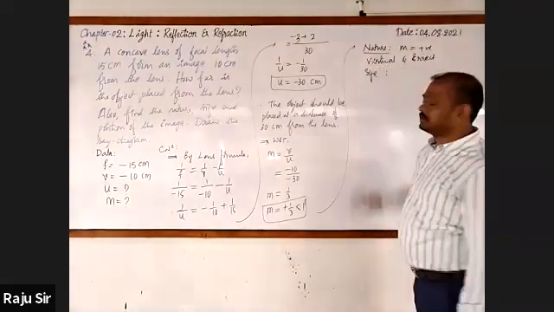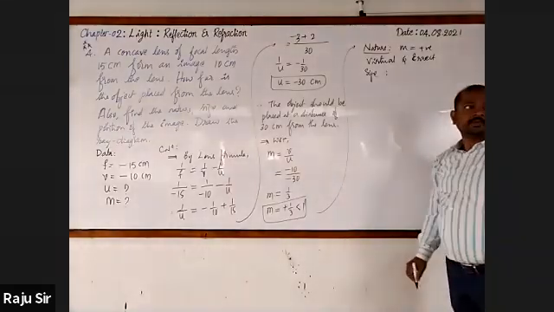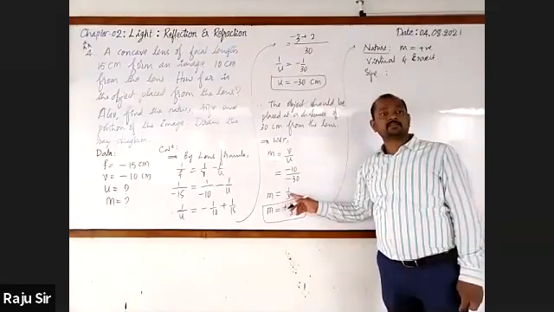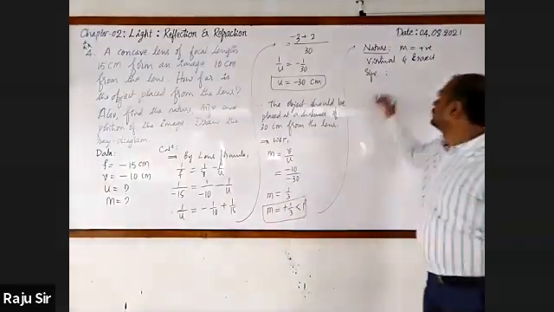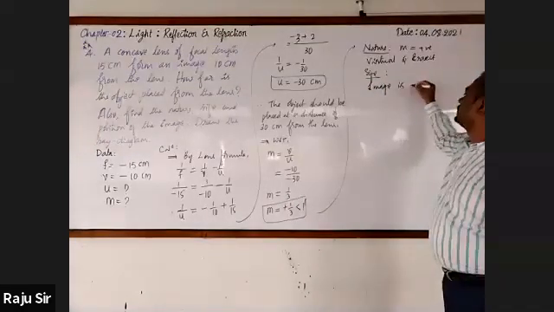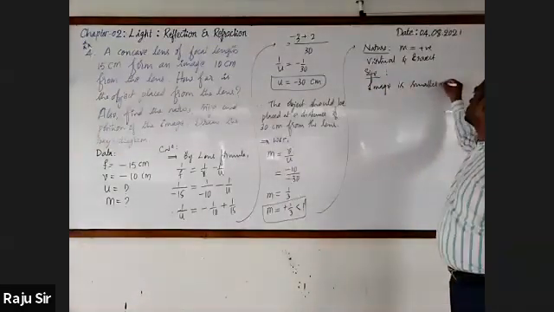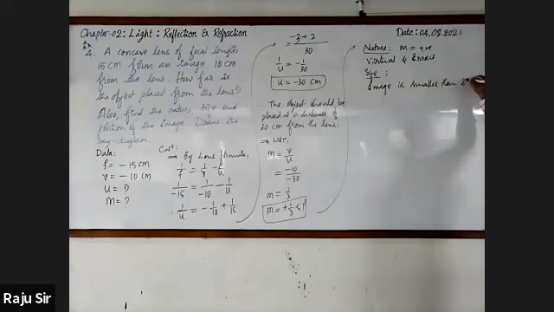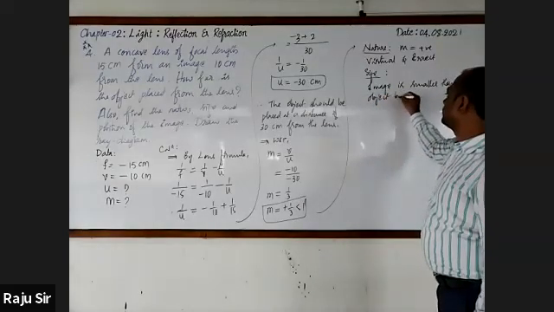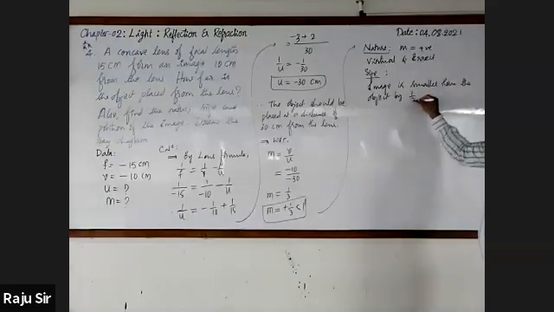Size. What do you say? Diminished, which means the size of the image is smaller than the object, by 1 by 3.